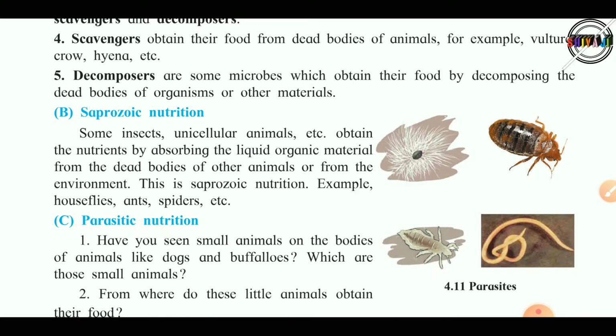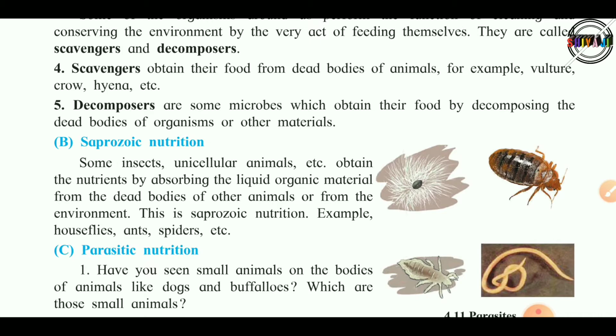When you see any animal dead on the road, like a mouse or rat, after some days it gives a bad smell because of decomposers. Some microbes are eating these animals, and because of them we get the bad smell, and the dead animal decomposes. Scavengers also clean this environment and conserve our environment.